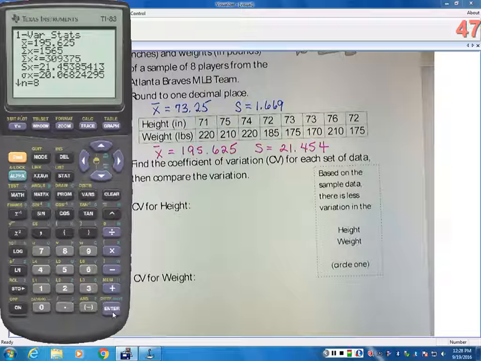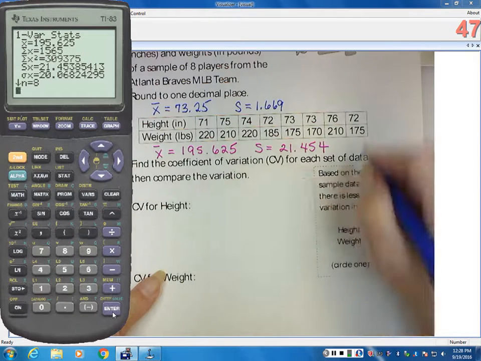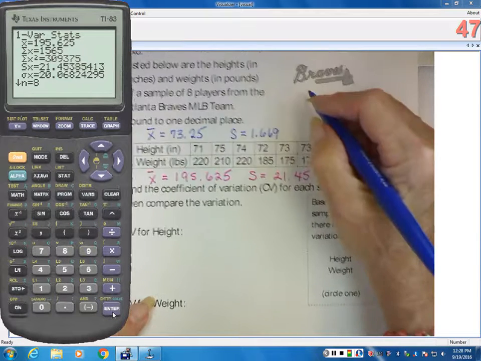What you have to do is calculate something called the coefficient of variation. And the coefficient of variation is the standard deviation, I'm going to write it up here and then I'll calculate it down here.